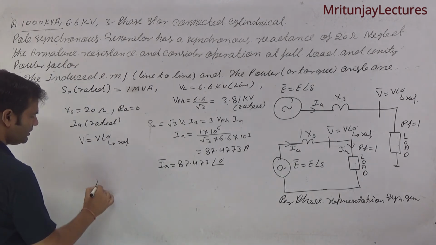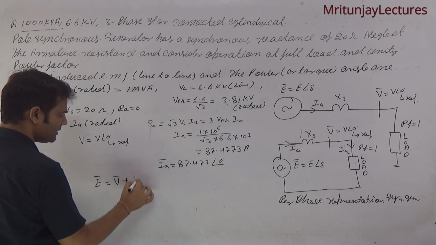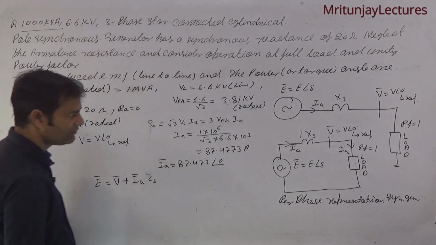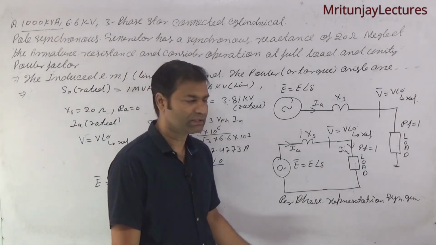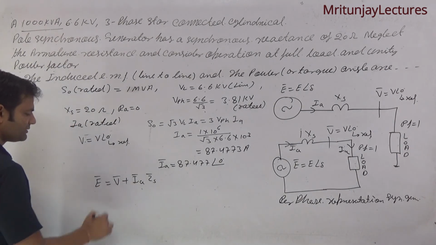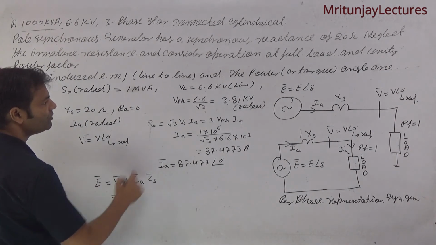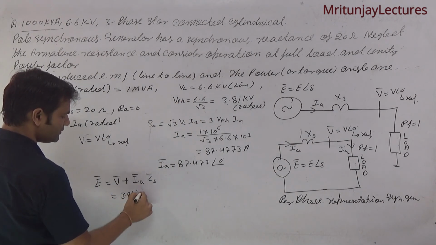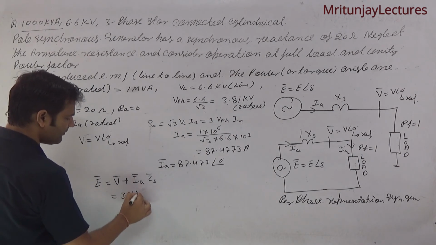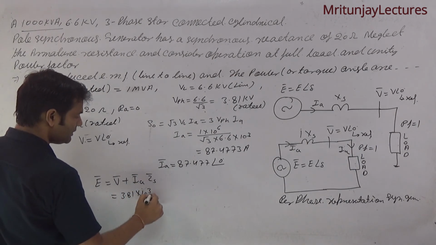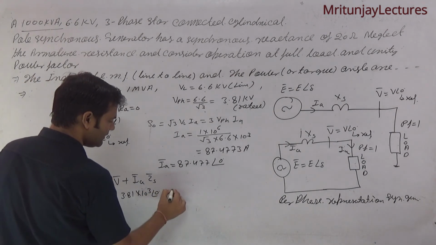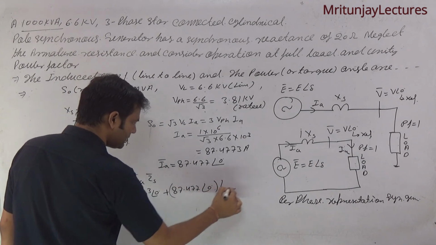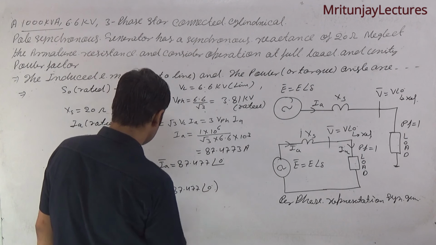Now E is equal to V plus IA into ZS, that is the per phase induced EMF, or the per phase excitation. V is 3.81 kilovolt, better written as 10 to power 3 in volt, at the angle 0, plus IA, 87.477 at the angle 0, times ZS.